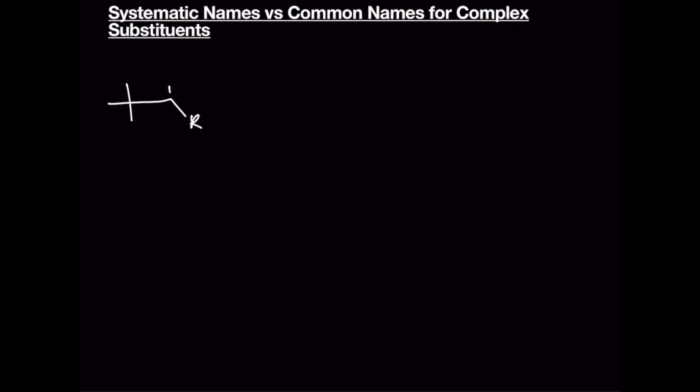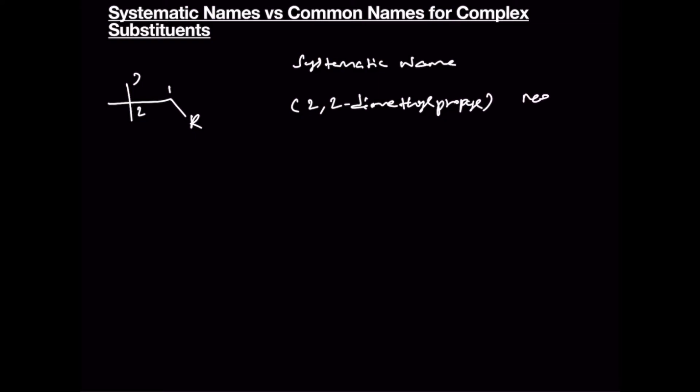So, 1, 2, and therefore, the systematic name for neopentyl will be 2, 2 dimethyl 1, 2, 3, sorry, 1, 2, 3. So, 2, 2 dimethyl propyl. This is neopentyl, the common name, but that is no longer allowed to be used. So, you have to use the systematic name in this case, if it is a neopentyl group.